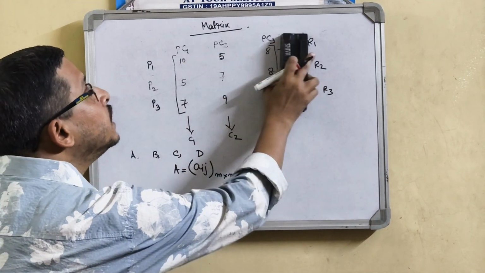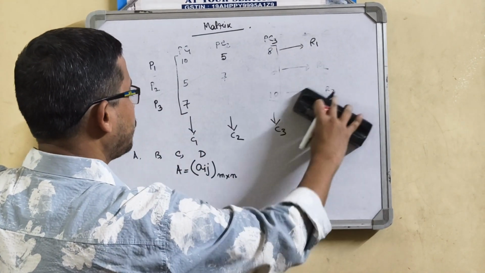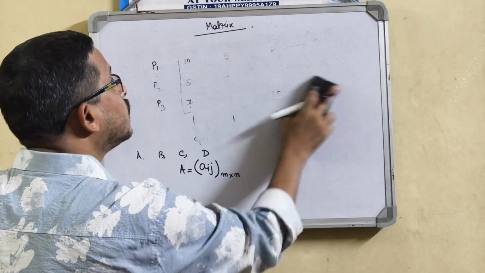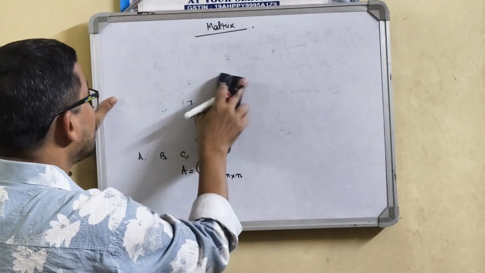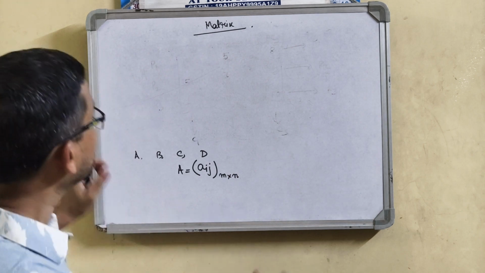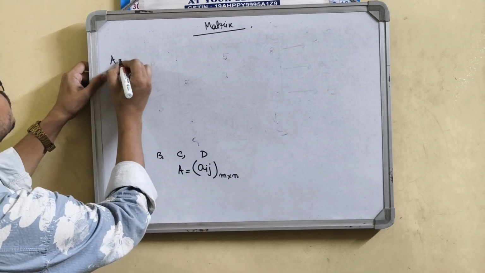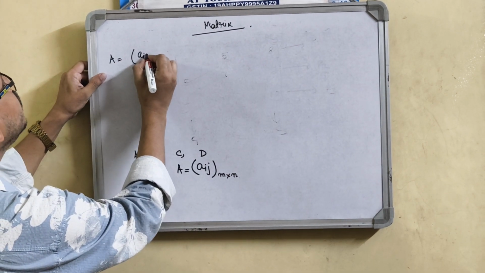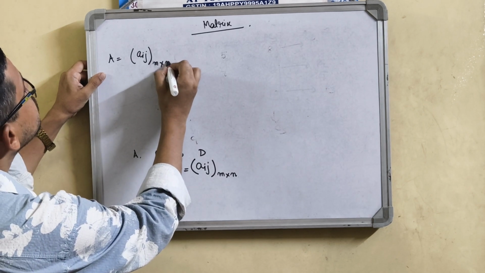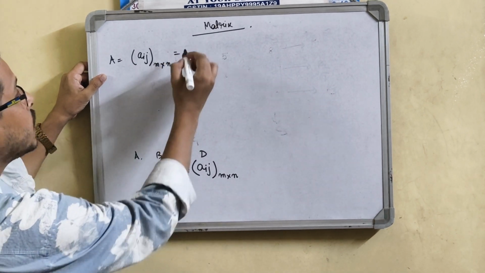Now I erase this part. Say A is equal to Aij. This is the general representation of a matrix, A of order m by n.